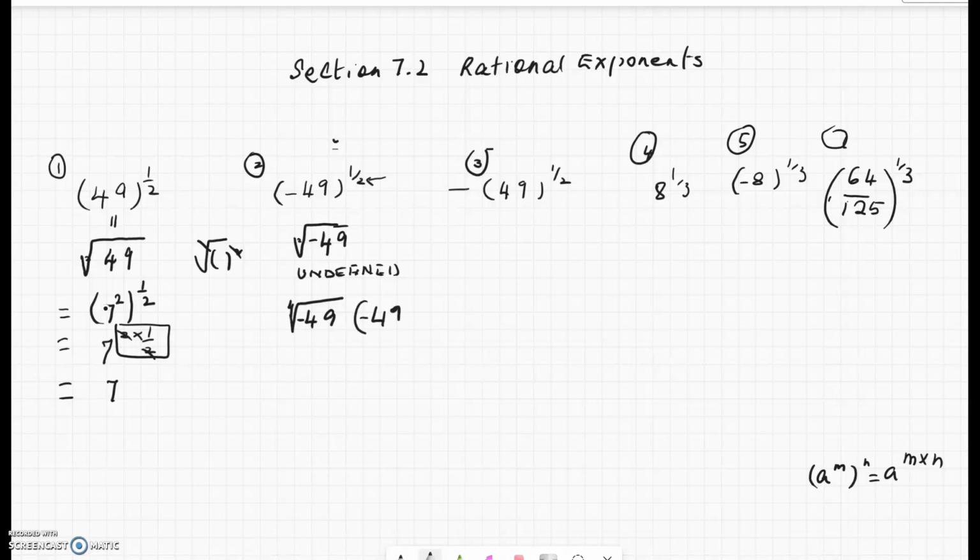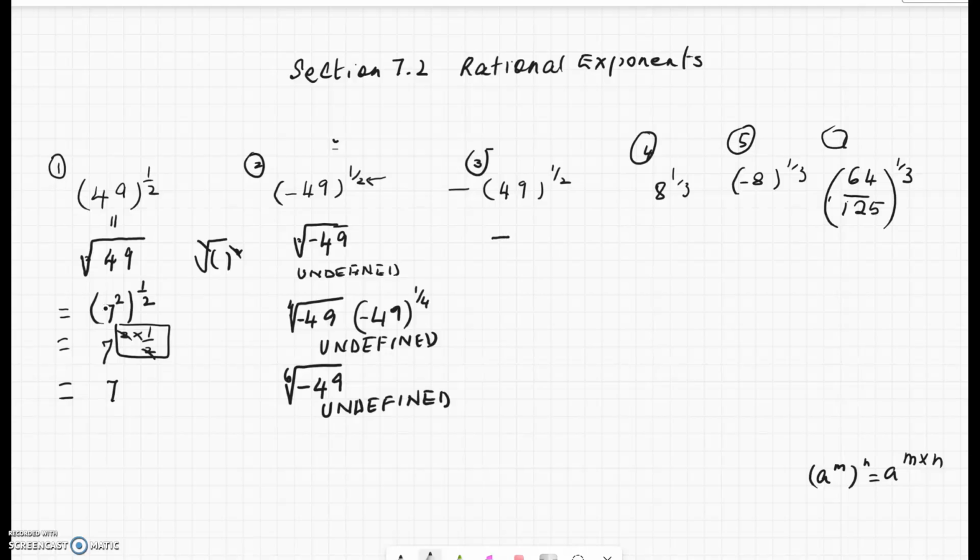Negative 49 to the 1/4, undefined. The sixth root of negative 49, any negative number, again undefined. So if there is an even root of a negative number, then that is undefined.